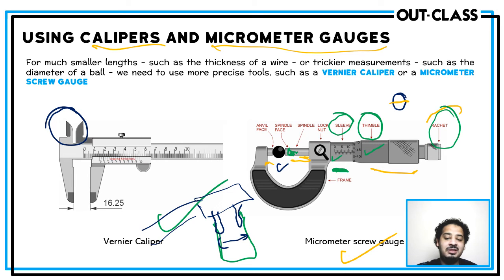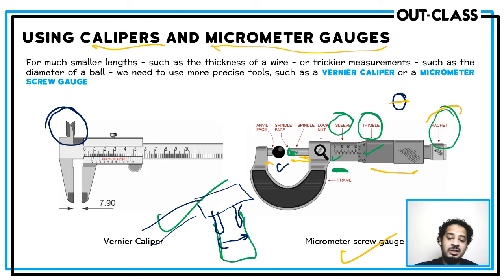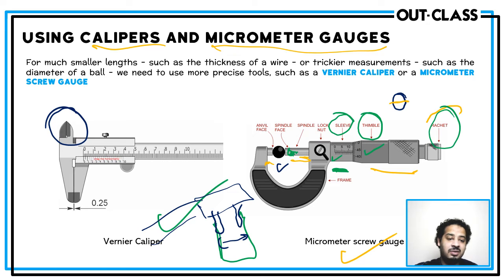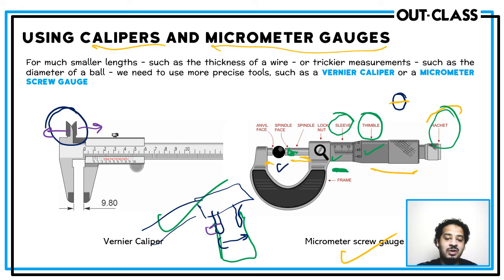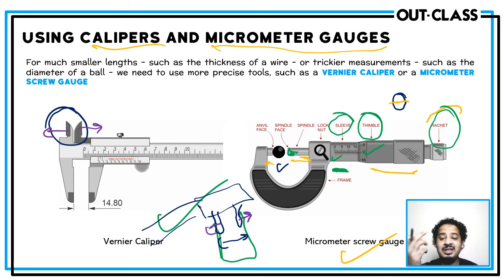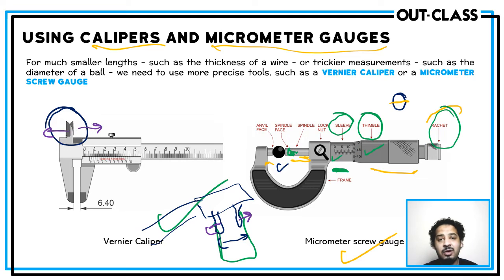Like what would happen is that ये जो jaws है ना, have a look at them. What are they doing? This one moves that way, this one moves that way. So you would get this jaw to move here, this jaw to move here until it's nicely pushing out and it has a good grasp on the inside of the beaker, and then you would measure the reading of the vernier calipers.